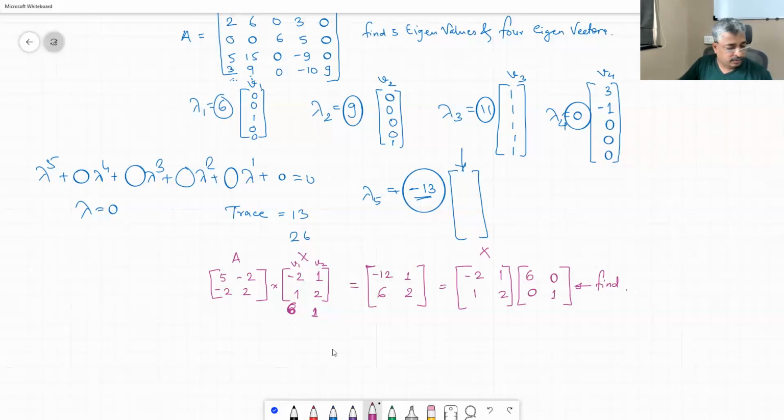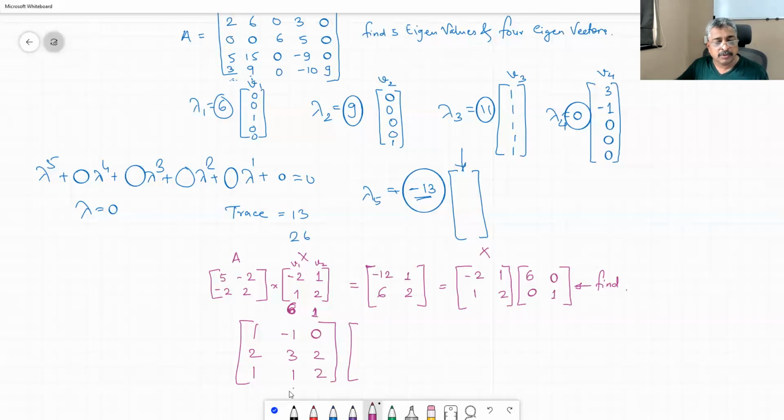Let us cross check now. We had one more 3 by 3 matrix, 1 minus 1 0, 2 3 2, 1 1 2. This was our matrix whose lambda values we had found, and eigenvectors also.